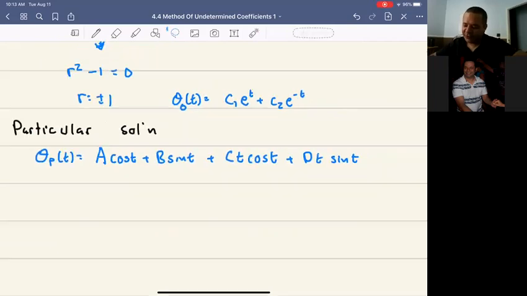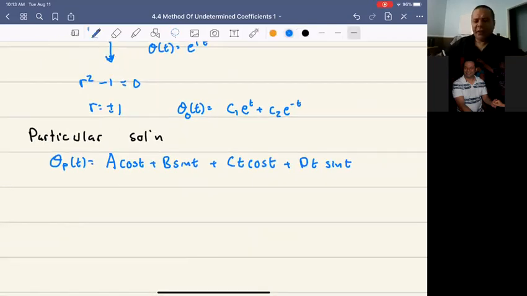Okay, so theta p double prime. I'm sorry, theta p prime first.